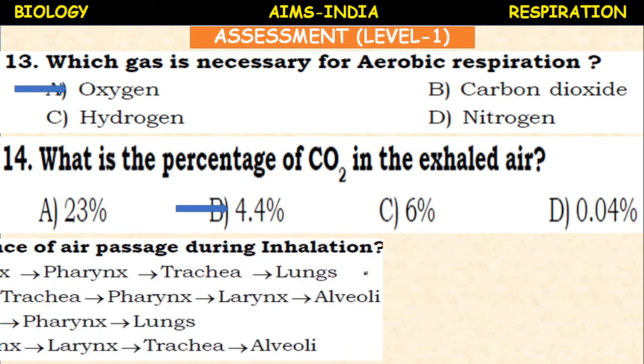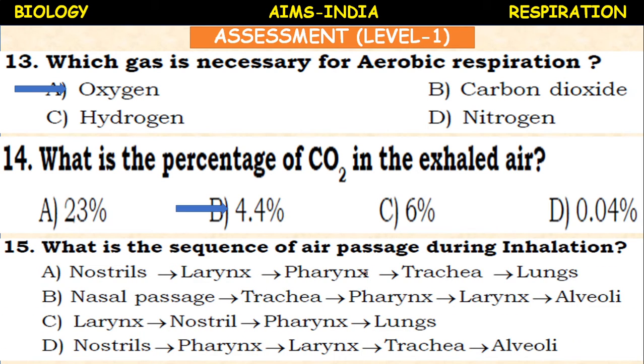during expiration. What is the sequence of air passages during inhalation? You should have an idea of the human respiratory system. Here the sequences are given: nostrils, pharynx, larynx, trachea, alveoli.